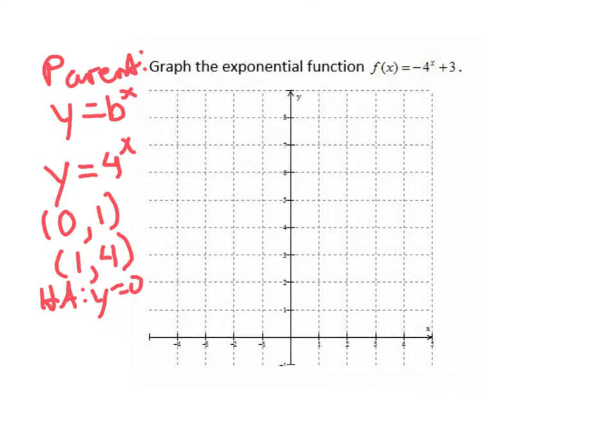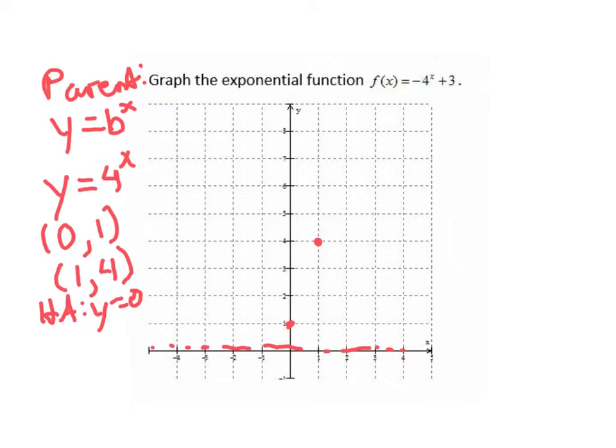So if we graph those features, (0, 1), (1, 4), and the horizontal asymptote at y equals 0, now I would do my best to graph what we know the exponential curve looks like, something like this. Okay, so this is the graph of 4 to the x.